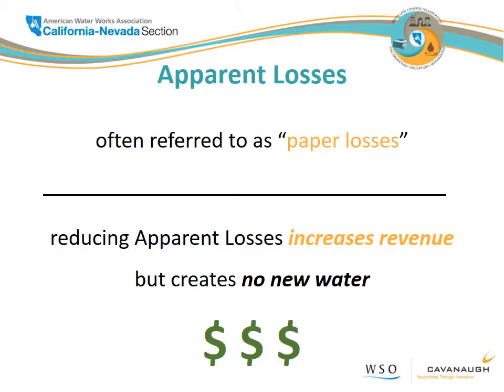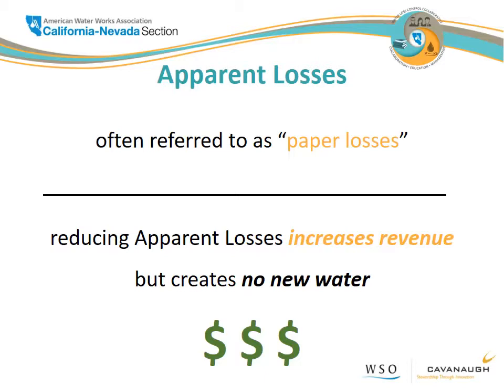So reducing apparent losses, we could do that by switching out our meters to make them more accurate. We could do that by monitoring and trying to reduce theft more aggressively. We could do that by reducing the error in some of our billing processes. All of these options don't create any new water.